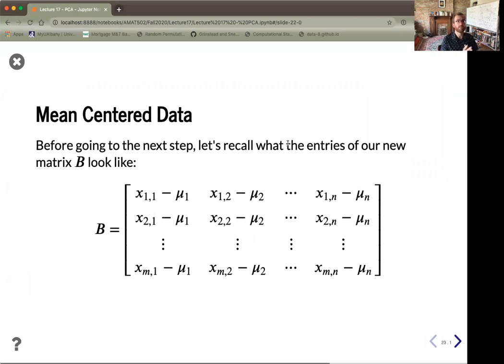So recall, we've now mean-centered our data. We've taken our matrix B, which corresponds to all of the samples for feature 1, indexed by this column right here. We've subtracted off the mean for column 1 and done that for each column.